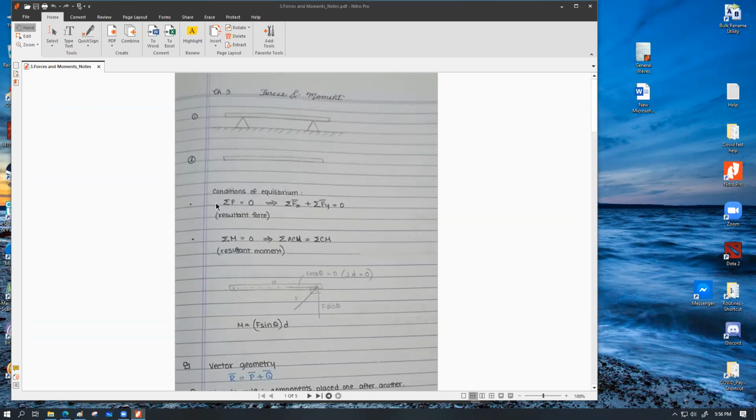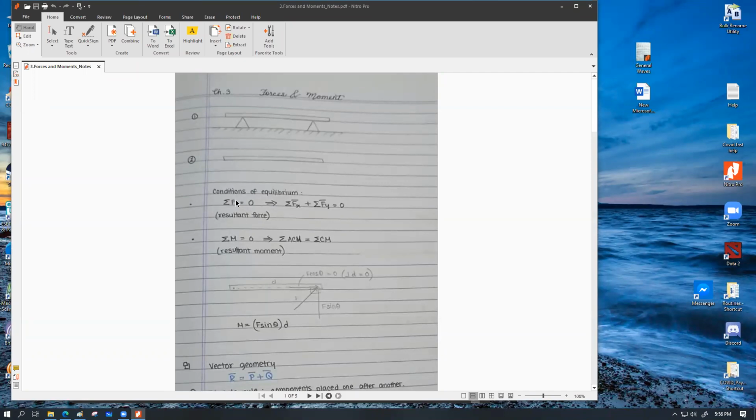One of the important things that is given over here is the conditions of equilibrium. If any object has to be defined to be in equilibrium, we have to fulfill two sets of logic. The first set of logic is that resultant force equals 0.